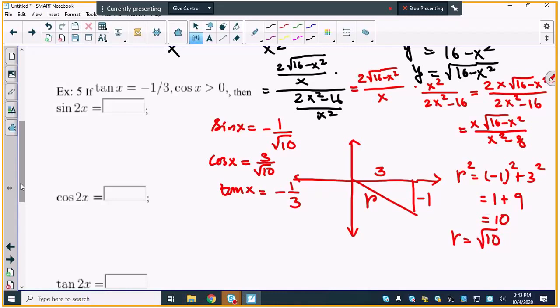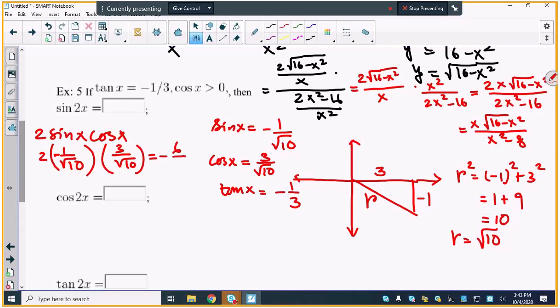So sine 2x, remember the formula is 2 sine x cosine x. So I get 2 times sine x, which is 1 over square root of 10 with a negative, so I will put it inside parentheses, times cosine x is 3 over square root of 10. So my answer is going to be negative. 2 times 3 is 6 over 10, and then I can simplify as negative 3 over 5, and that's sine 2x.